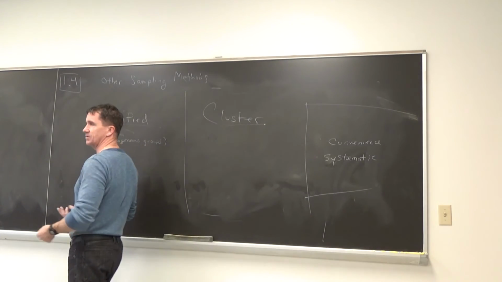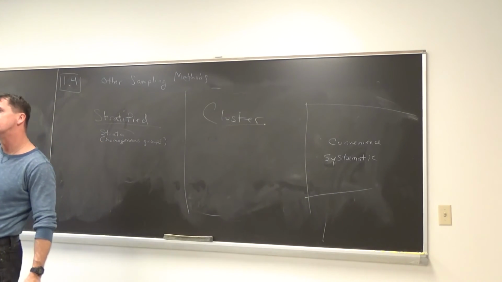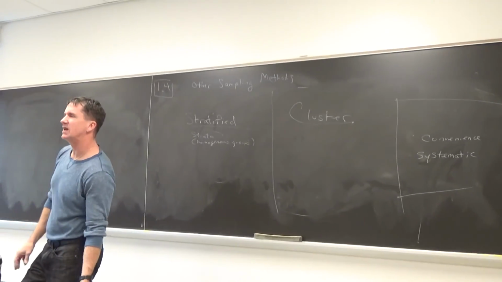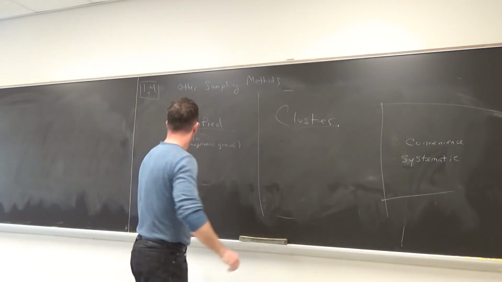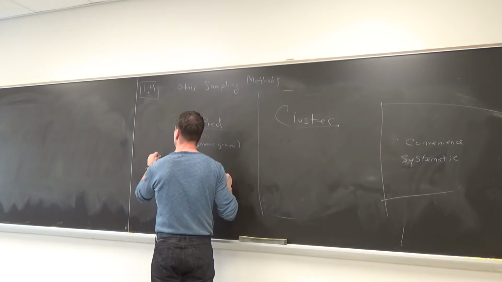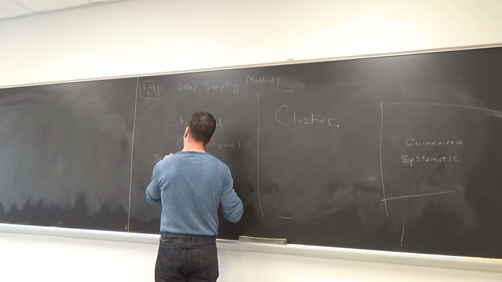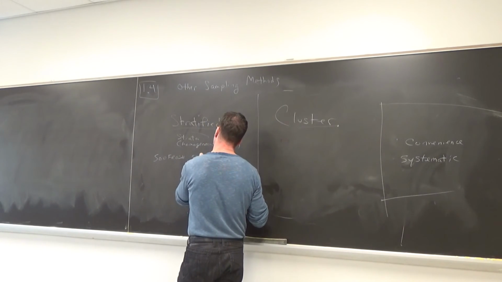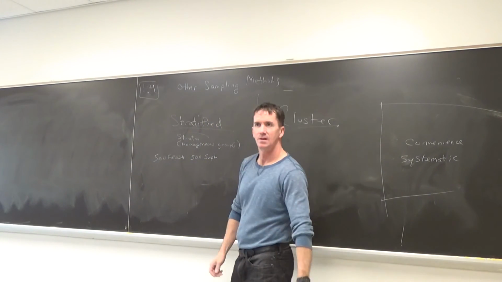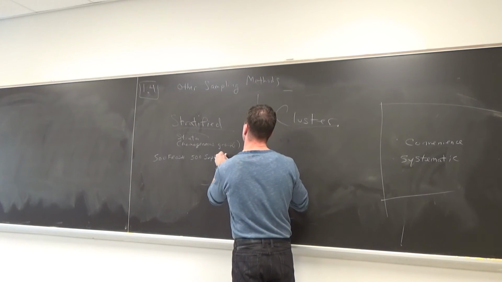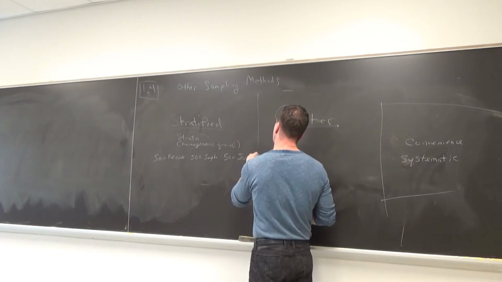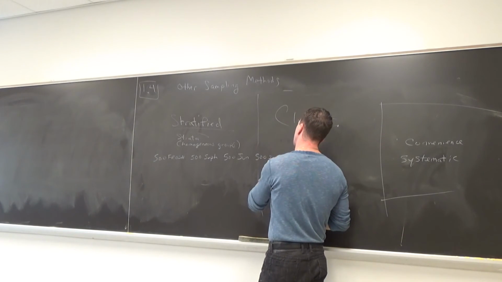So here's an example. Let's say a high school down the road in Severna Park has 2,000 students. Let's say there's 500 freshmen, 500 sophomores, 500 juniors, and 500 seniors, for simplicity.